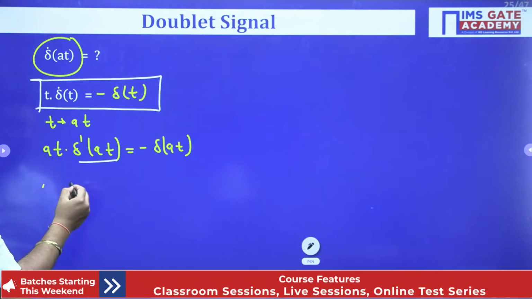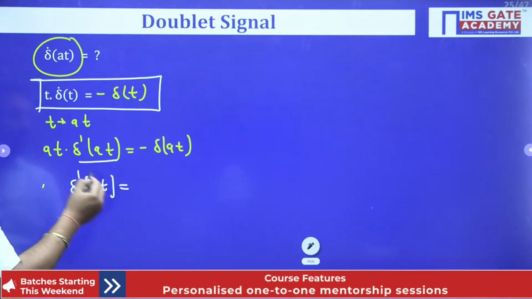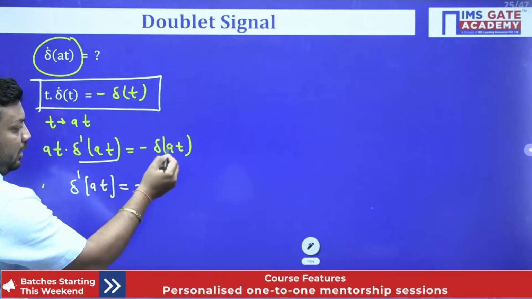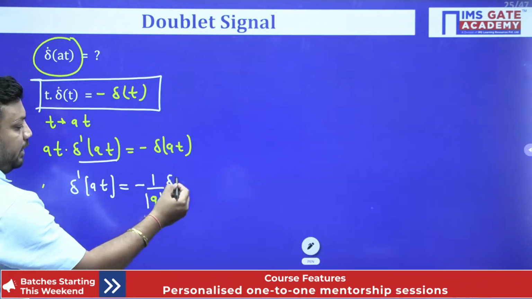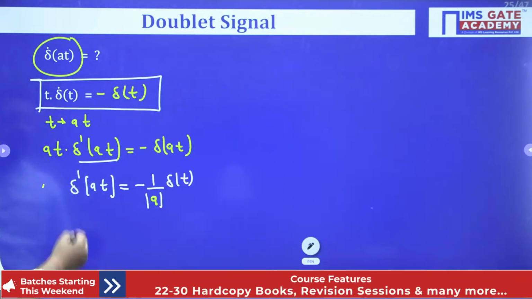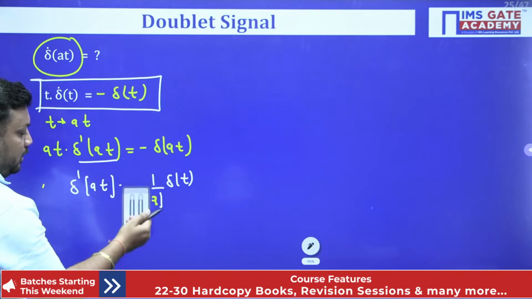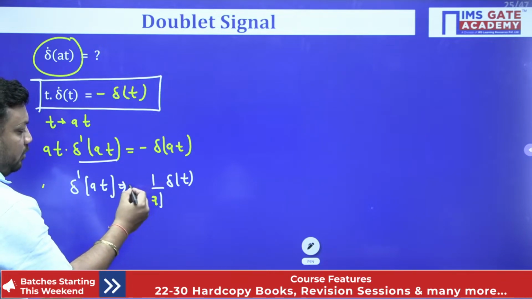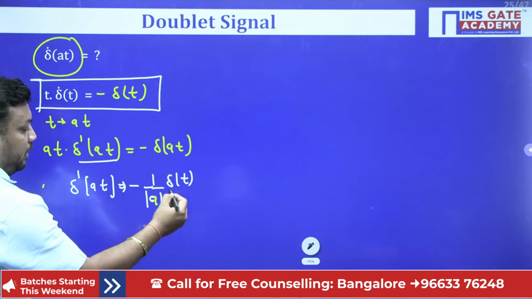So ultimately now I am looking for this only. So the rest part I will cross multiply. So I am looking for del dash at is equal to minus, here I can apply the property: 1 by mod of a outside the bracket, and here I am only having del t. And student, when I cross multiply, a also is multiplied here. So it is minus sign already outside, mod of a was already there, here a also came, and multiplied with t also.